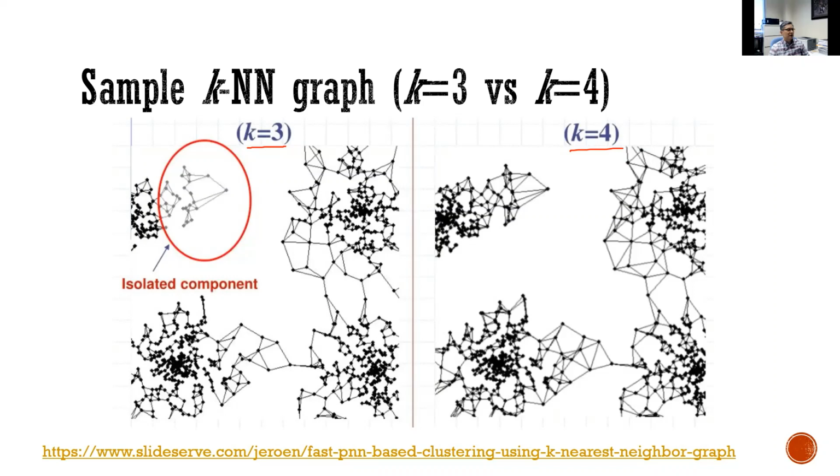They're not fully linked because this is an independent subgroup of data points. When K equals 3, they are not joined with any other points. However, when you select K equals 4, because each data point will search for the top 4 nearest neighbors, in the end you merge these isolated components into a larger network. So that's the influence of the K selection on the network establishment.